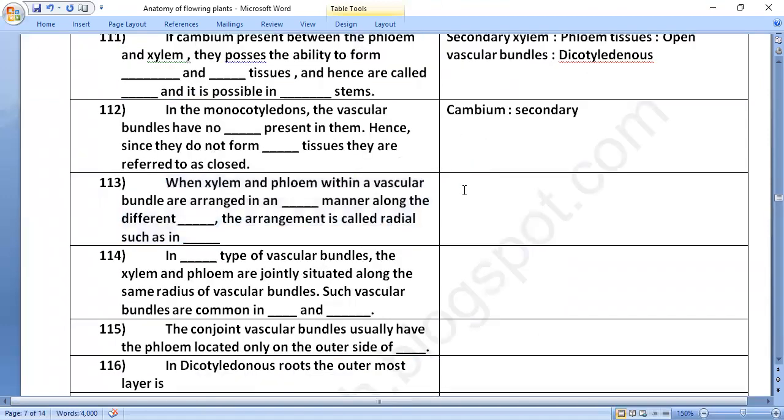When xylem and phloem within a vascular bundle are arranged in an alternate manner along the different radii, the arrangement is called radial, such as in roots.